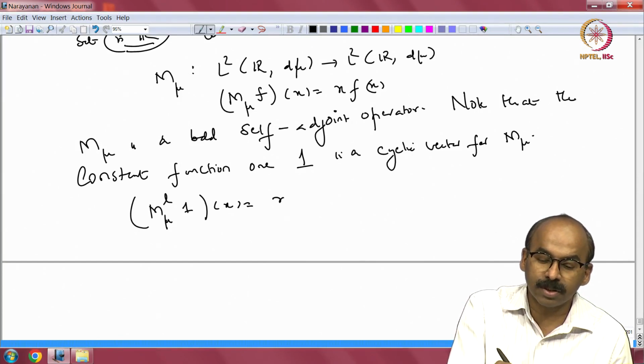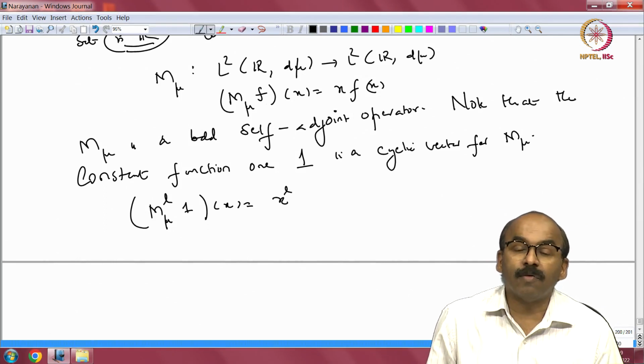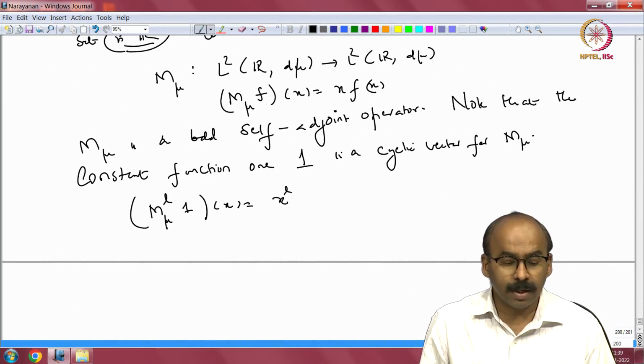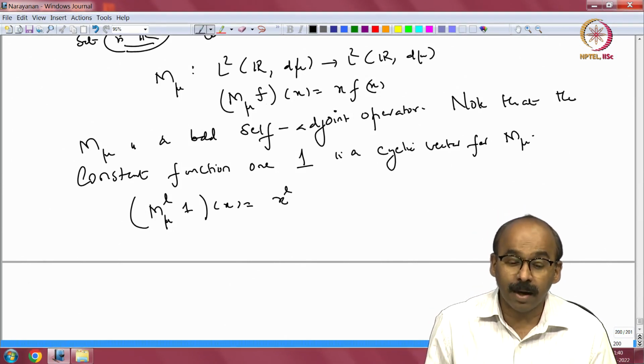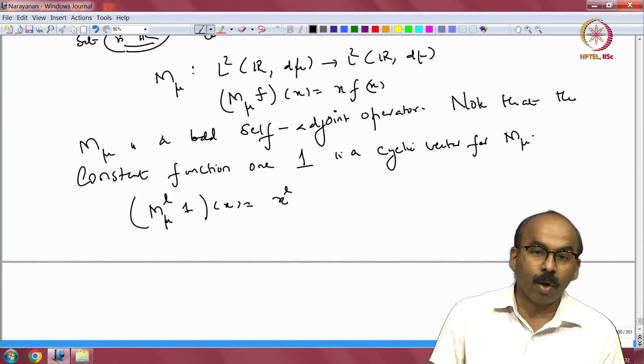So, that is simply x to the L, right. So, if I look at the span of all this m sub mu to the L acting on 1 and take the span of that, I will get all polynomials. Now, remember mu has bounded support, right. So, you are inside a compact set.